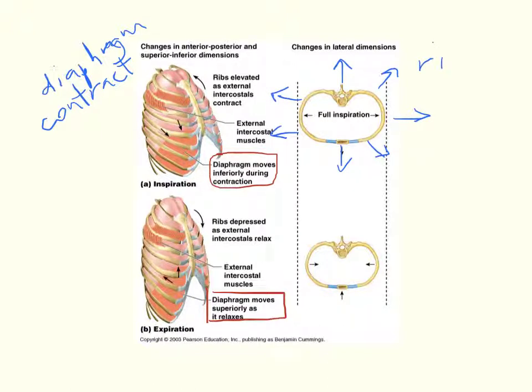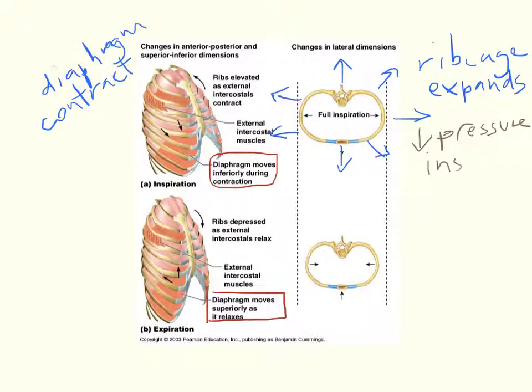When that happens, you get a decrease in air pressure inside the lung. And as you know, air always moves from an area of high concentration to an area of low concentration. So air will move from the outside into the lungs due to this lower pressure.